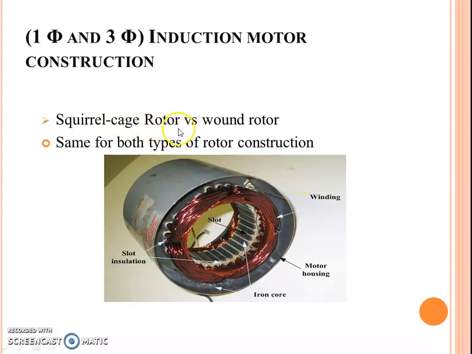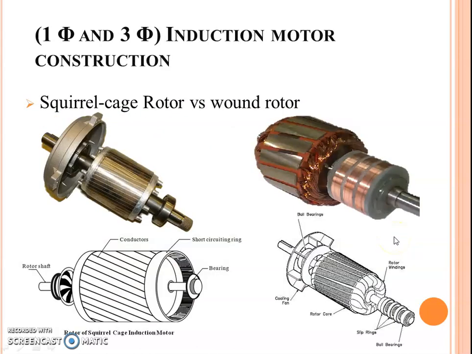So squirrel cage rotor versus wound rotor, they have the same rotor construction. This is an example of a squirrel cage. We have conductors of aluminum bars here. We also have the wound type, with iron bars here.